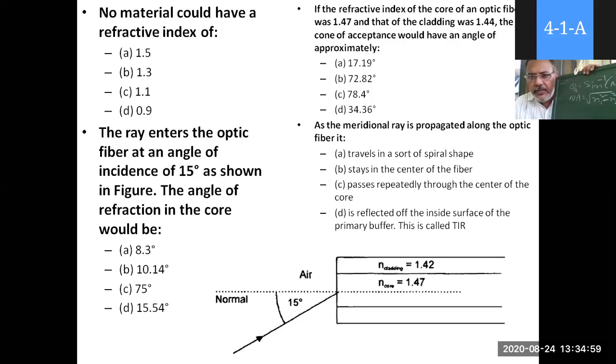As the meridional ray is propagated along the optic fiber, it travels in the sort of spiral shape. Option A. Option B, stays in the center of the fiber. Option C, passes repeatedly through the center of the core. And option D is reflected off the inside surface of the primary buffer. This is called TIR. So A, B, C, D. Here we have 4 options. Which option is correct?